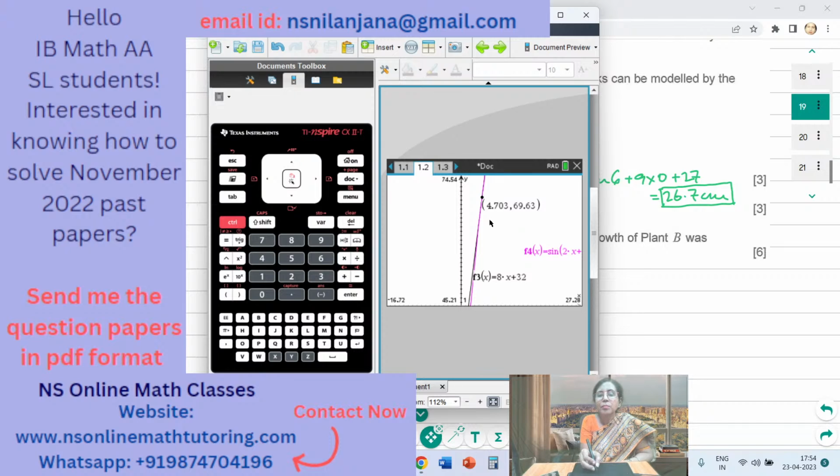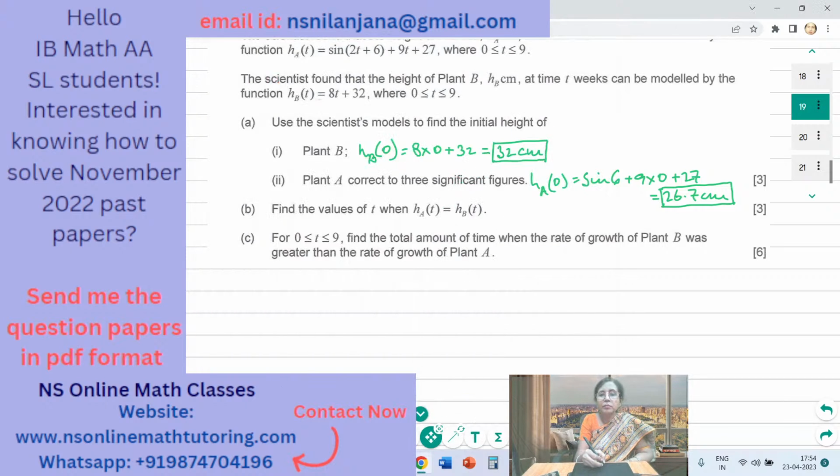Okay, so it is 4.70. X represents t, the number of weeks. So I can write 4.70 as the answer. Using graphs, write this, skip this part.